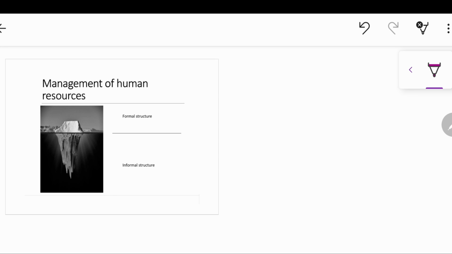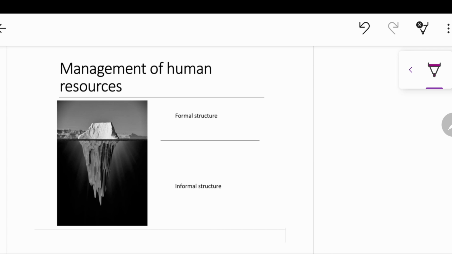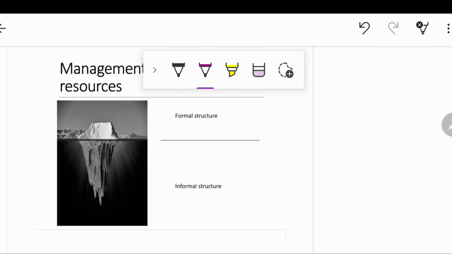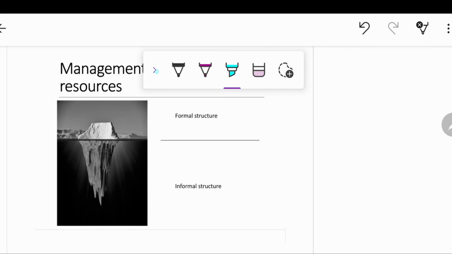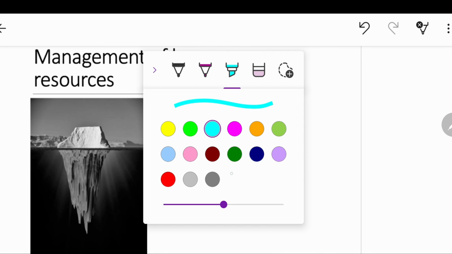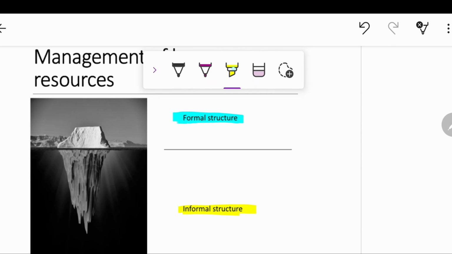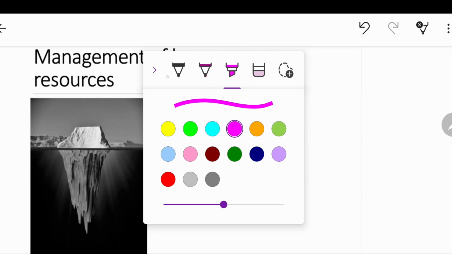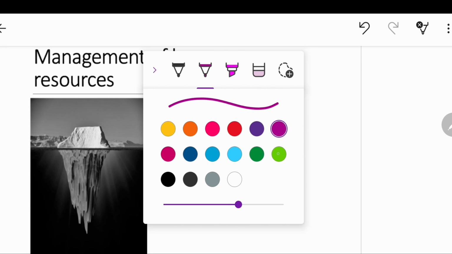Now we are moving into the next section here, and management can come under two forms. We can have the formal structure and we can have the informal structure. The formal structure is the structure which is visible to everyone. It is noticeable. It is apparent.